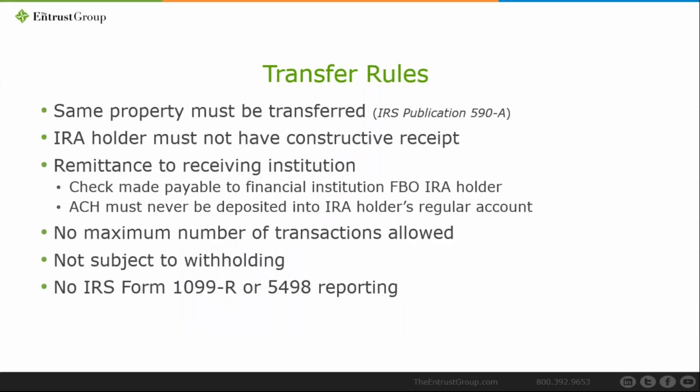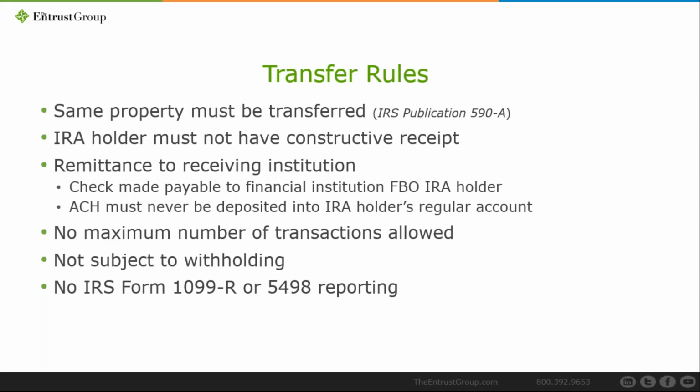Transfer rules: the same property must be transferred. If an individual is transferring a piece of property from one financial institution, the same piece of property must hit the other financial institution, because if it doesn't, something happened along the way. The IRA holder must also not have constructive receipt.